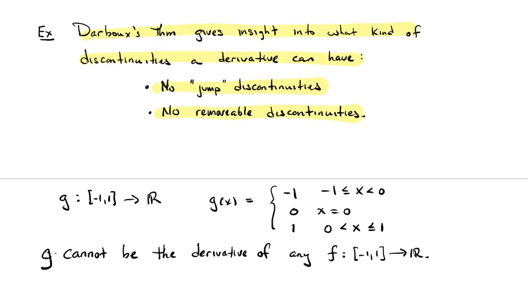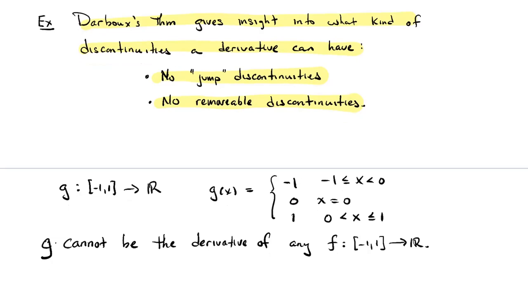All right, just to illustrate that in one concrete example, say I took a function g defined on the interval from -1 to 1. To the left of 0, g is -1. To the right of 0, g is 1. And at 0, it's 0.